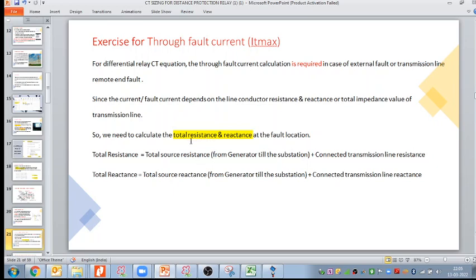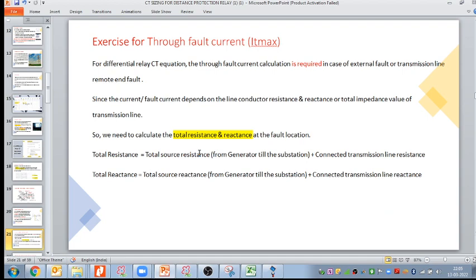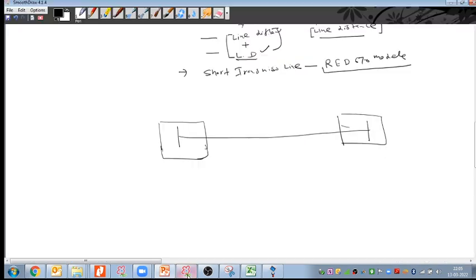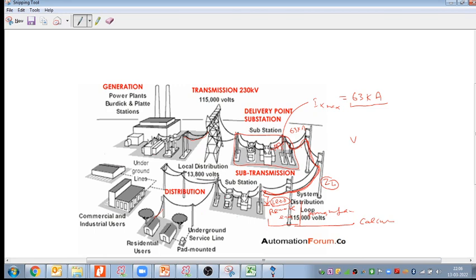So first of all, before calculating the current, let us find out how much impedance is added till the fault point, and based on that we can calculate the fault current also. Till the fault point, what will be the total resistance?